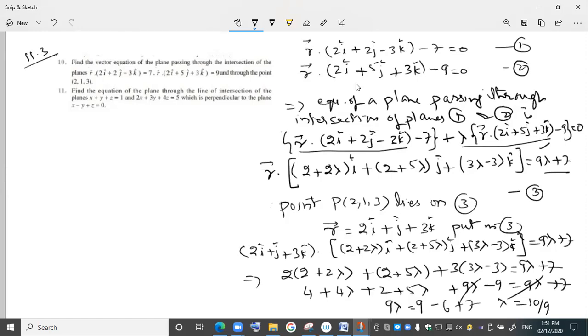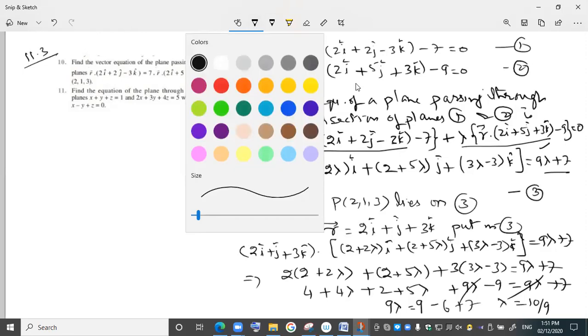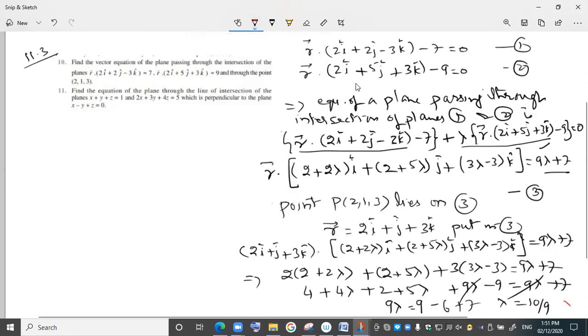This value of lambda, next step from here, you will come to this point. Now put lambda is equal to 10 by 9 in equation 3.